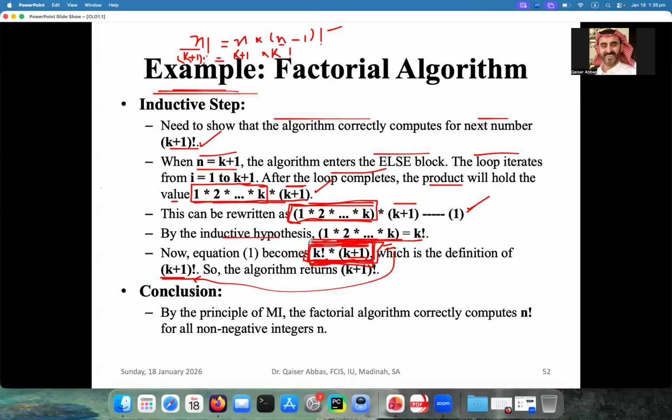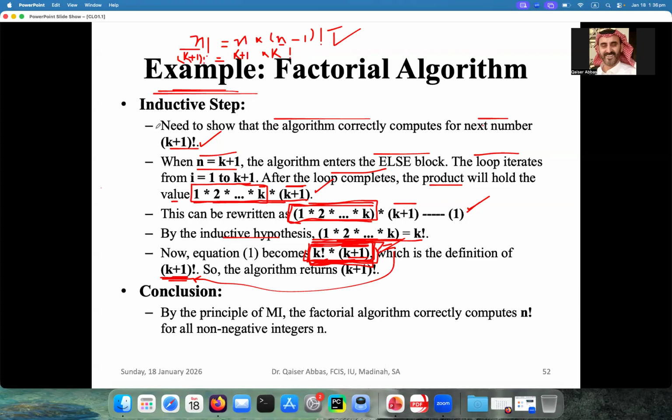happening in this situation at that point, now according to the definition, what is the definition? This is equal to k plus 1 factorial according to the mathematical definition of factorial.